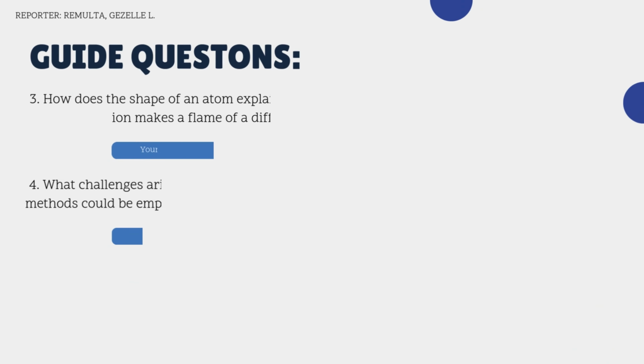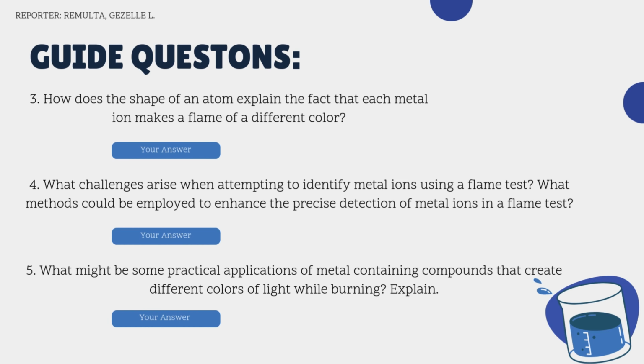Number 3, how does the shape of an atom explain the fact that each metal ion makes a flame of a different color? Number 4, what challenges arise when attempting to identify metal ions using a flame test?